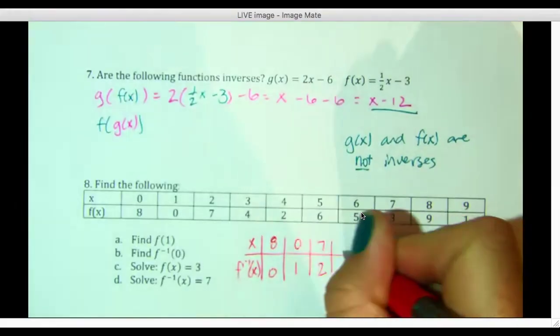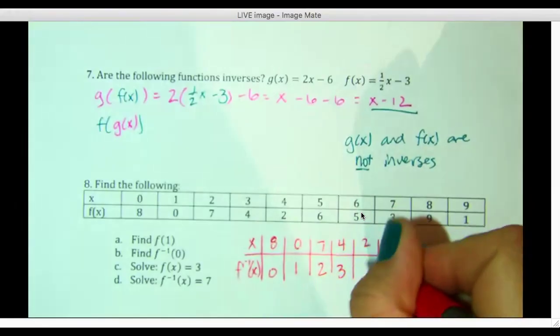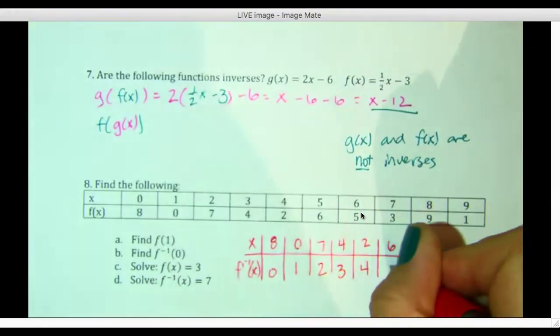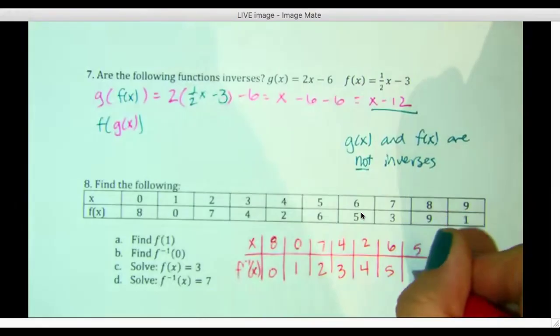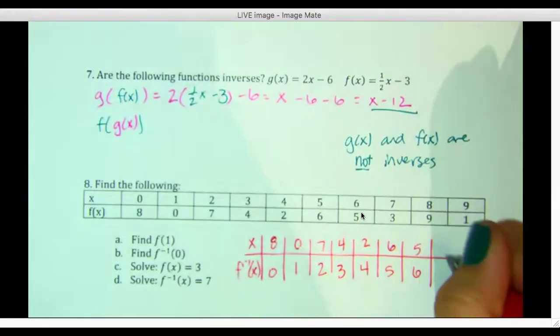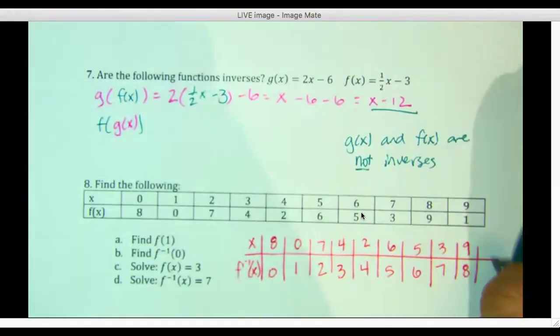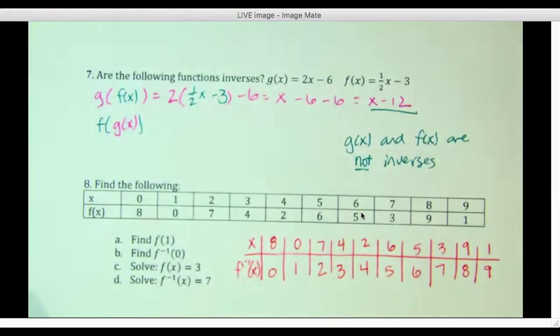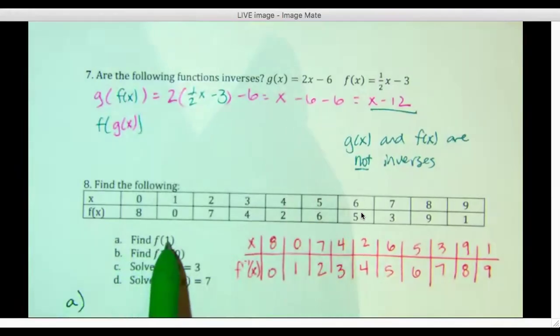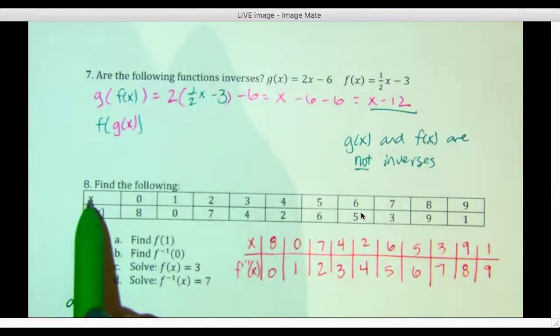So I'm going to take a minute here and set this up. Now I have a table for both of them. That can be a helpful tool in answering some of these questions. For part A, it asks us to find what is f of 1. So x equals 1.